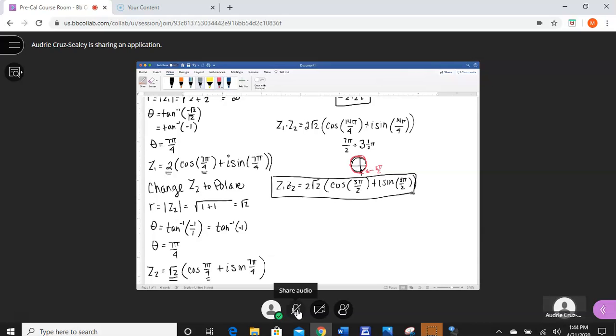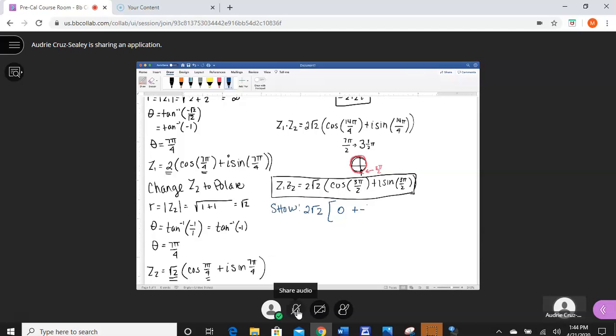Okay. Now, something I want to show. I'm showing this. You do not have to write this. If you're still writing the black stuff, like the part that's the answer, let's say I wanted to simplify this. So I would have 2 times the square root of 2. What is cosine of 3 pi over 2? Isn't that 0? Plus, what is sine of 3 pi over 2?